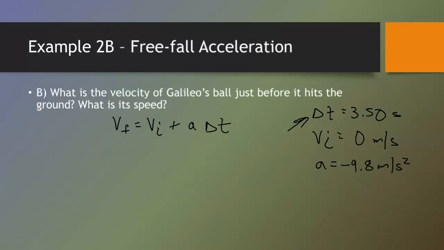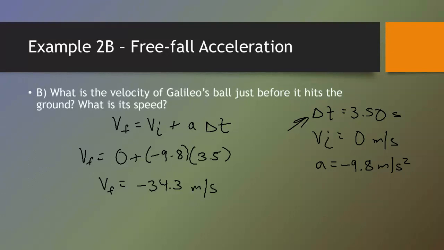Now, the final velocity is equal to 0 plus negative 9.8 times 3.5. And so this thing is traveling at about negative 34.3 meters per second. So this is our velocity.